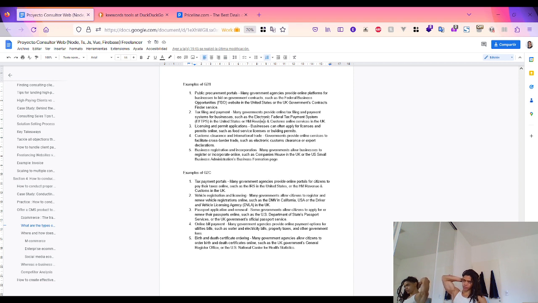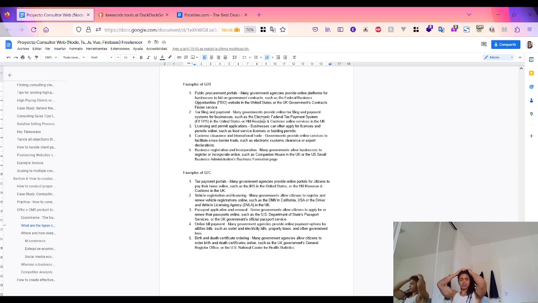So the things to know for government to business is that many government agencies provide online platforms for business to bid on government contracts, such as the FBO or the UK Contract Finder service.